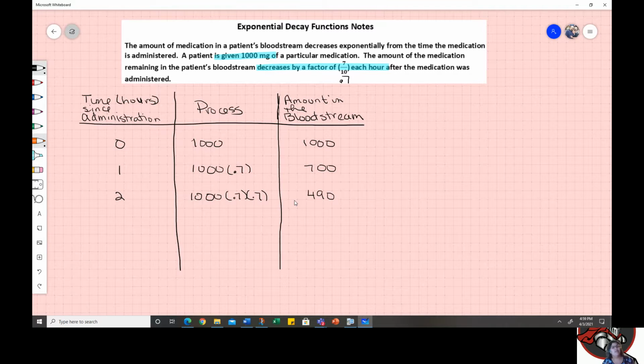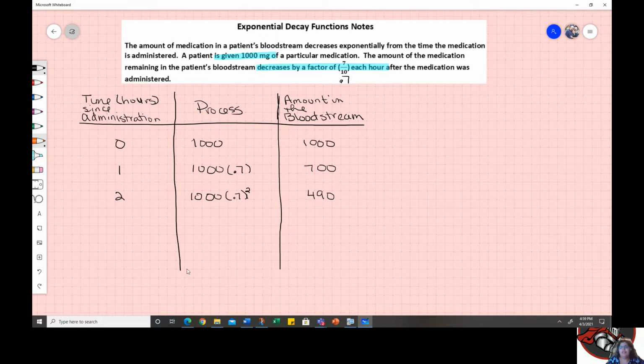I'm sure you can guess after a while it's going to get kind of tedious writing out 0.7, 0.7, 0.7 every time we multiply again. So the quick way to do that is instead of writing out all these times 0.7s, we can just write it as an exponent.